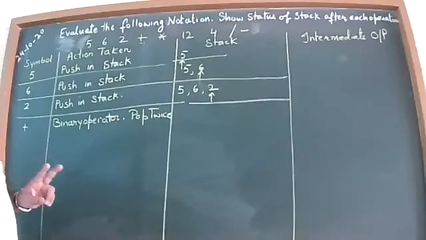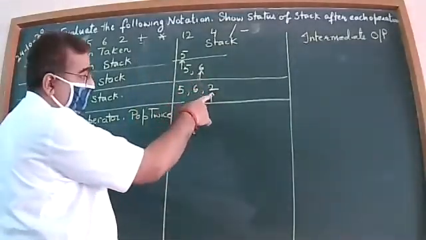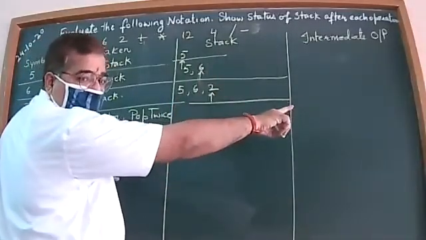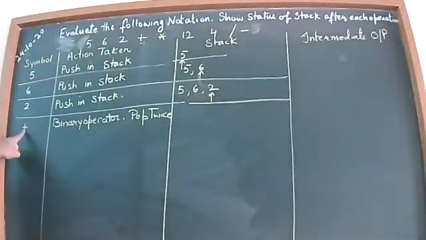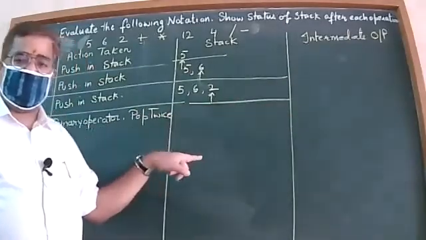Pop twice means you are to pop two numbers from here. Take those two numbers in the intermediate output. Perform the operation which is given over here. Whatever result comes, push the result back again.